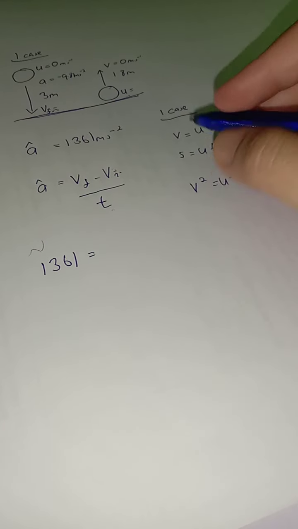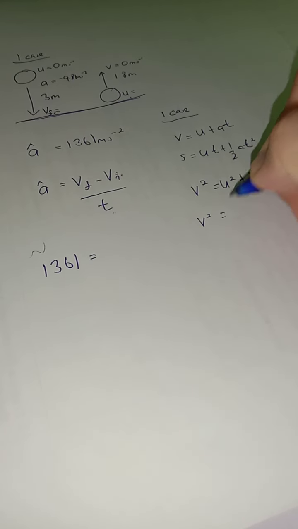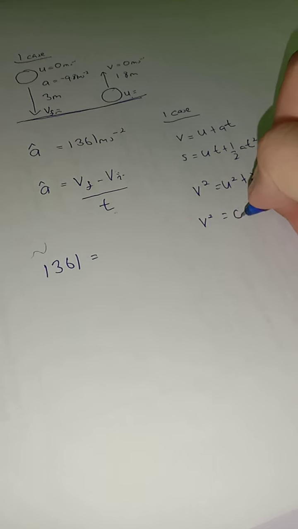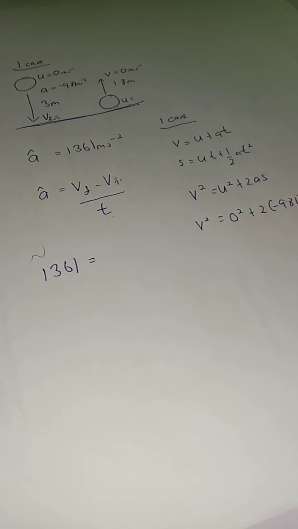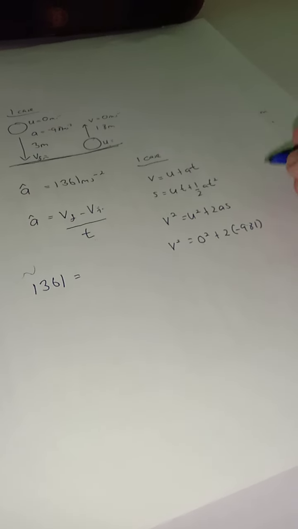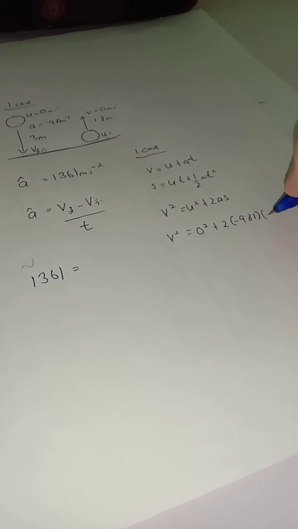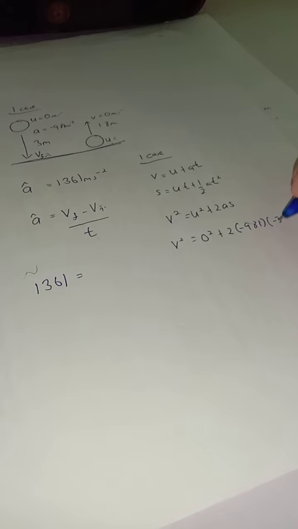So V final we don't know, and our initial velocity is 0, plus 2 times negative 9.81, and make sure that the displacement is also negative 3 because it's going downward.